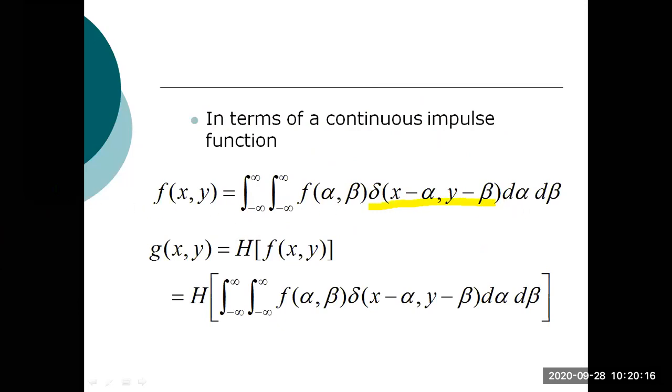If the two-dimensional function f of x comma y is multiplied with the delta function, that is the impulse function, how is H operating on the image f of x comma y? Again it is given by g of x comma y equals H of f of x comma y. Simply substitute this f of x comma y and see what happens.